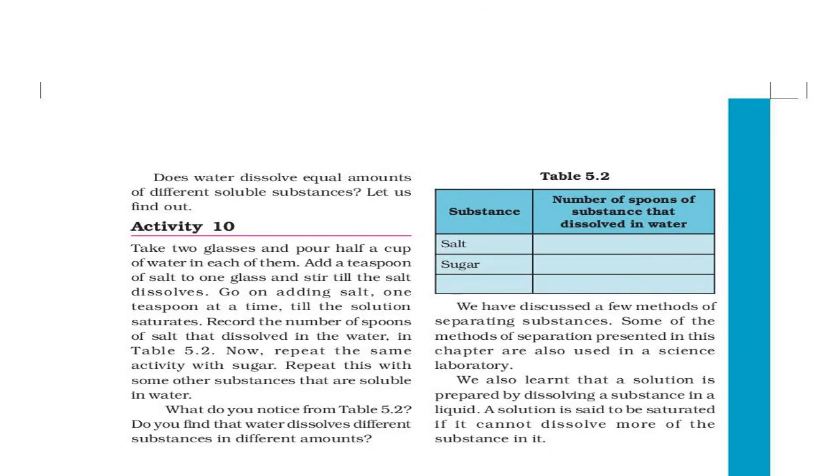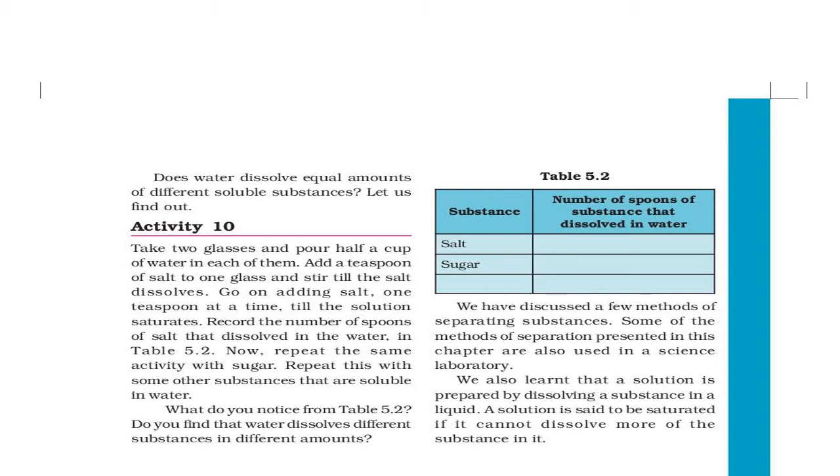Right. So one more activity, activity 10. In activity 10 you have to take 2 glasses and pour half a cup of water, then add a teaspoonful of salt to 1 glass and stir till the salt dissolves. Then go on adding salt 1 teaspoon at a time till the solution saturates, and record the number of spoons of salt that you dissolve in water.